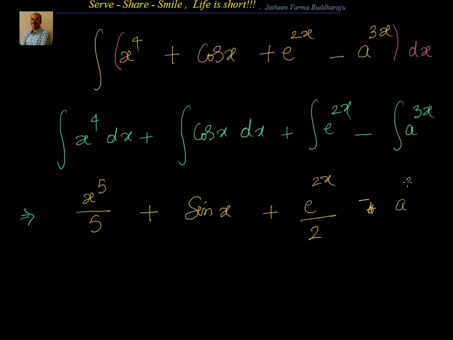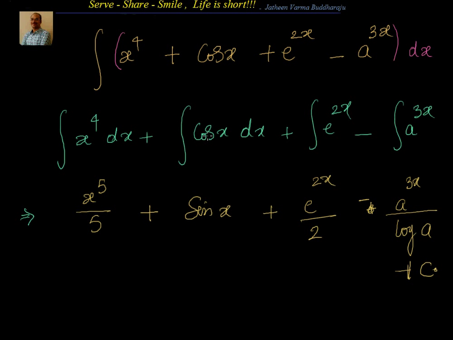For a power 3x, applying the same logic, in differentiation you multiply a power 3x into log a, so the integral is a power 3x by log a. So plus a constant to add to all that.